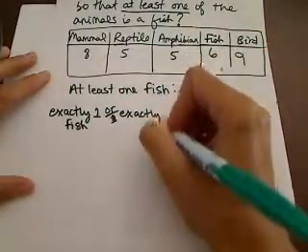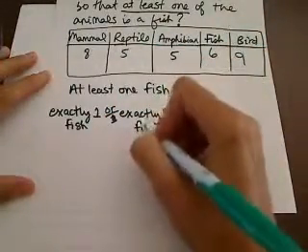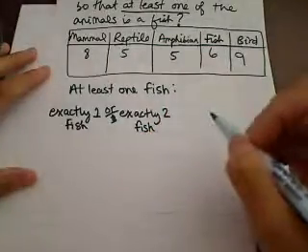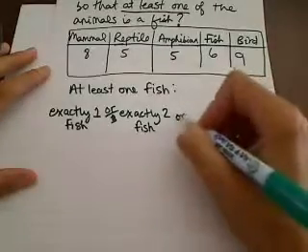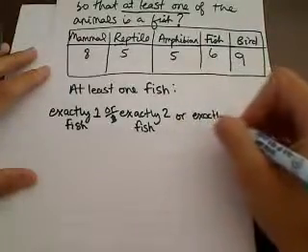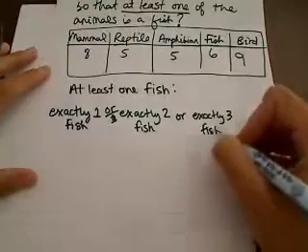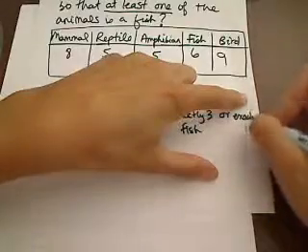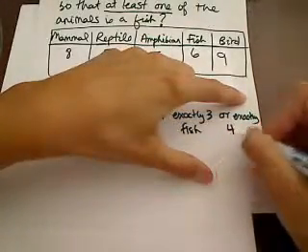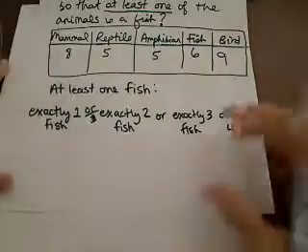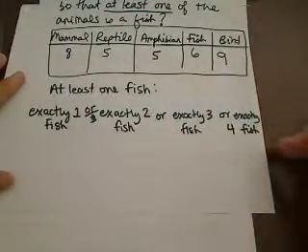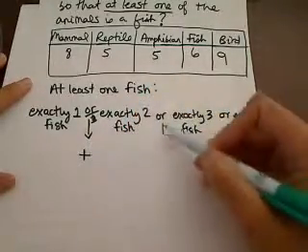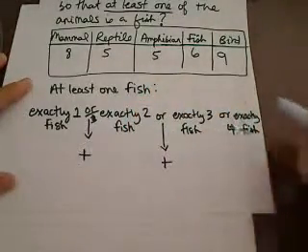We could have exactly 2 fish, or we could have exactly 3 fish, or we could have exactly 4. Okay, and so like I'm saying, we actually need to count each of these situations separately, and then we're going to add them together. These ors right here mean plus signs for us.